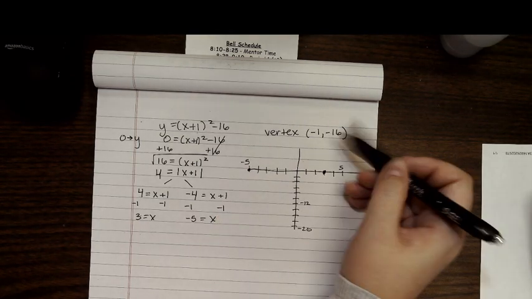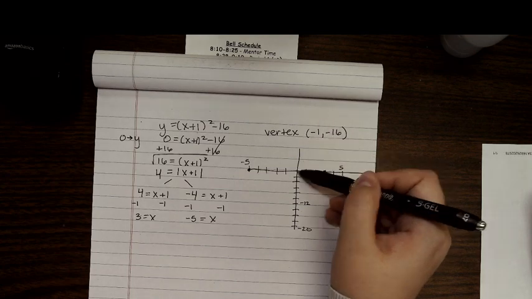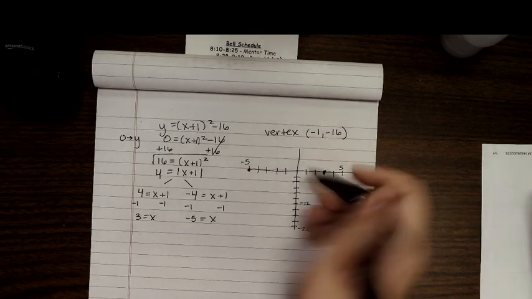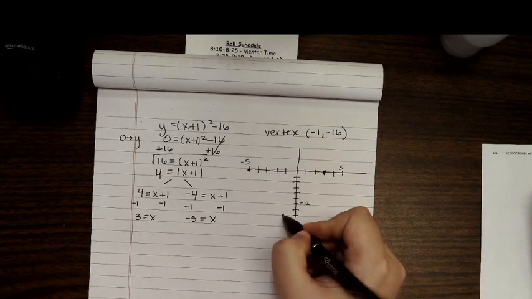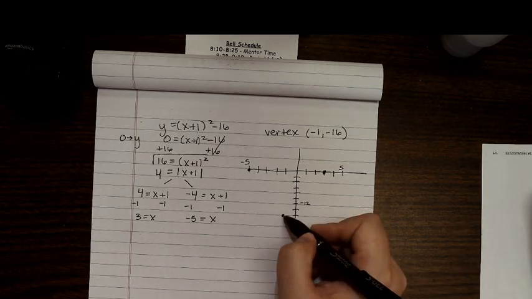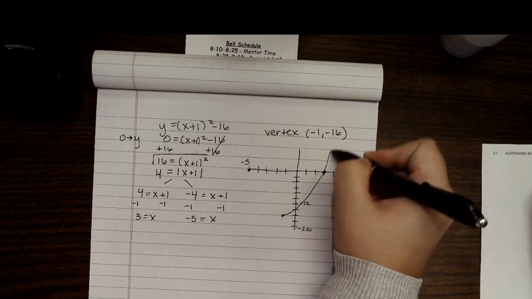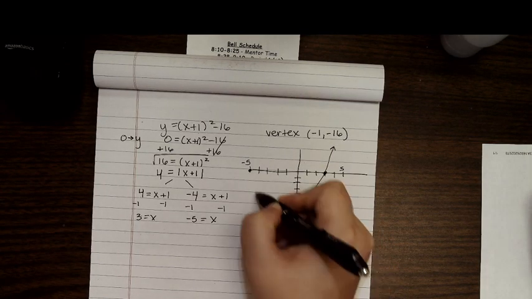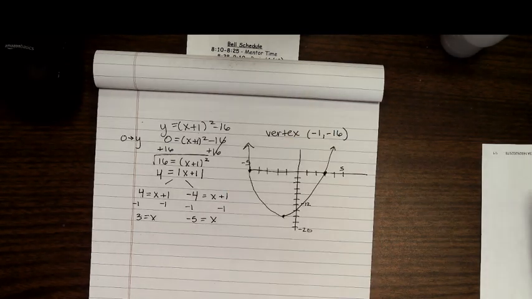And our vertex is at (-1, -16). And 3 points is enough to make a parabola. So we can sketch in our parabola, just like that.